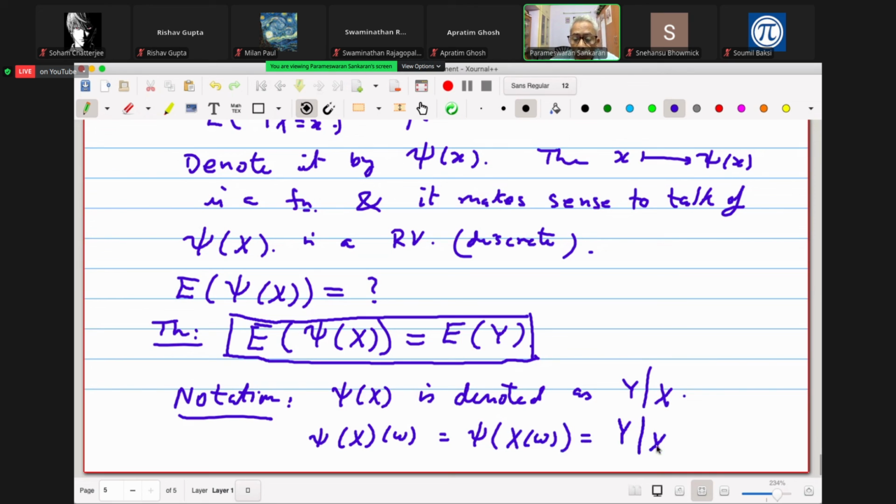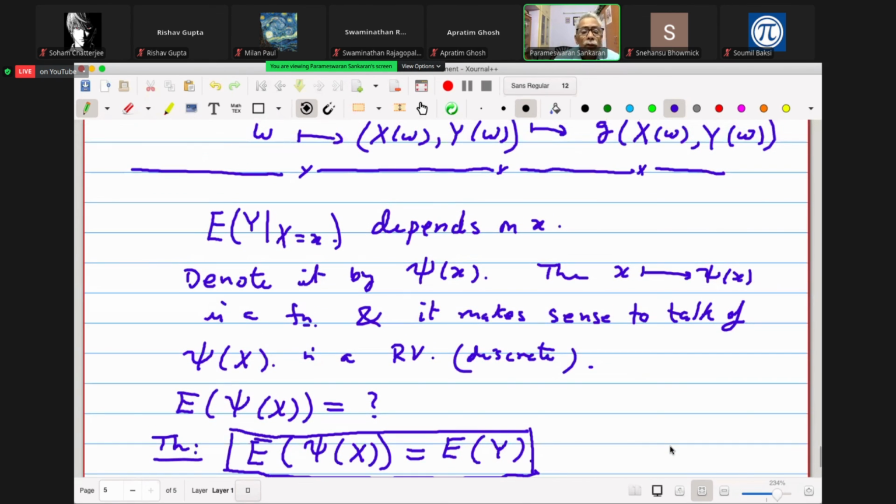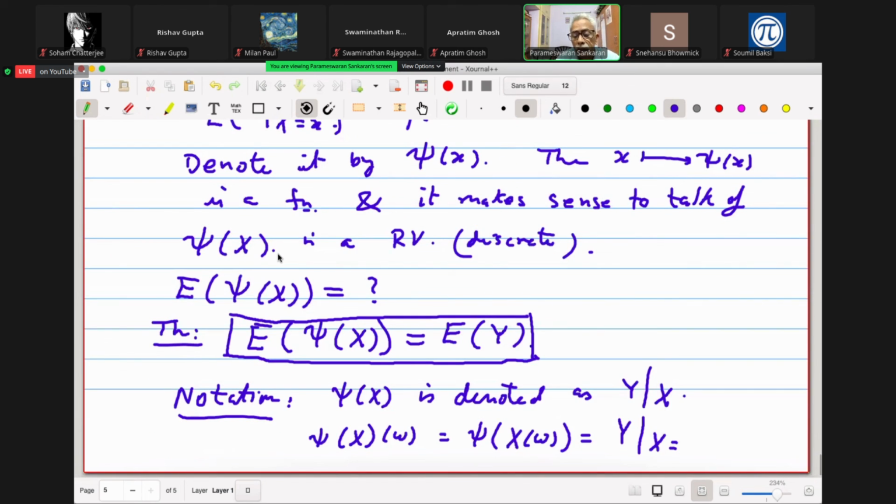So it makes sense to say psi of that. So you think of it as the expectation of Y given X. I had that here, this is what was denoted as psi of x. So in the place of x, I write X of omega. That is why it is written like this, expectation of Y given X.